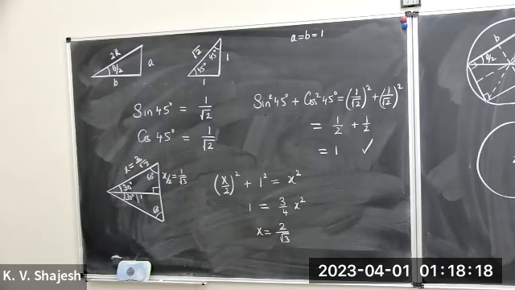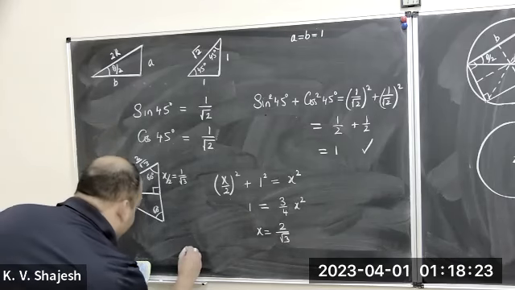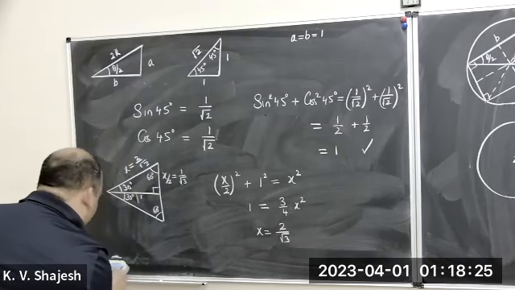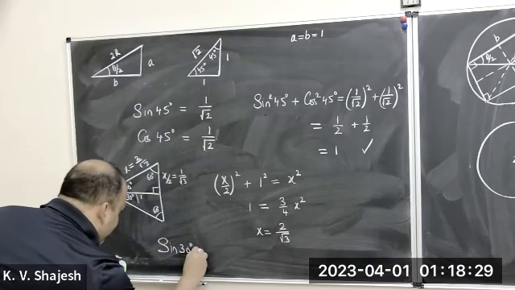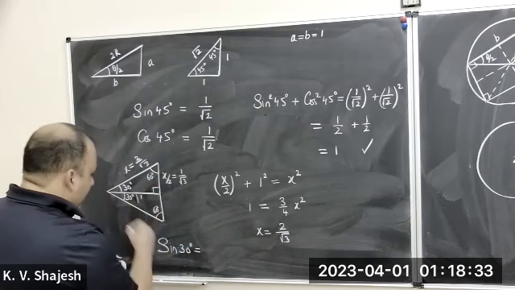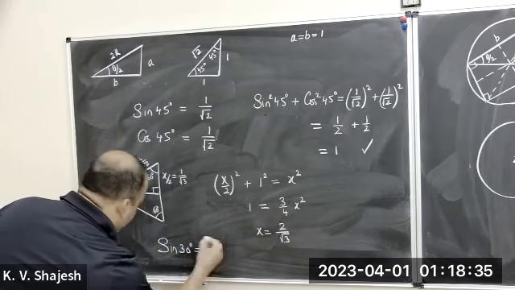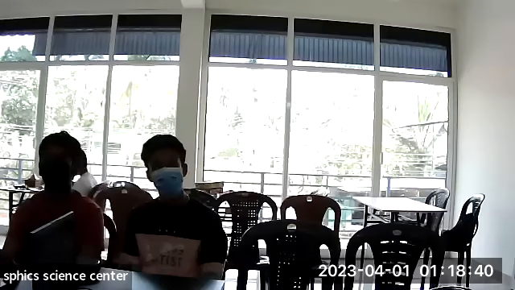Right? So now I can try to define my sine 30 and sine 60. Let's begin with sine 30. Sine of 30 degrees is equal to opposite over hypotenuse. That's x over 2. Actually, I didn't have to go over all this. This is x over 2 divided by x, that's 1 over 2.